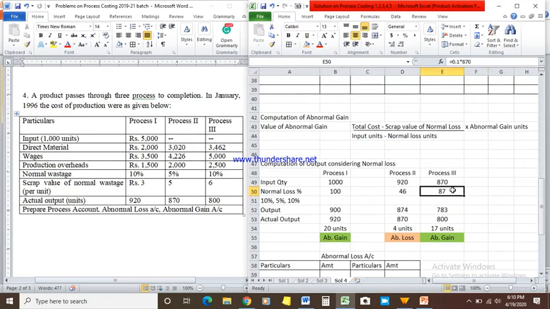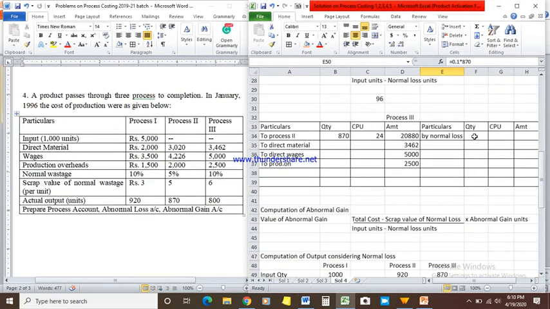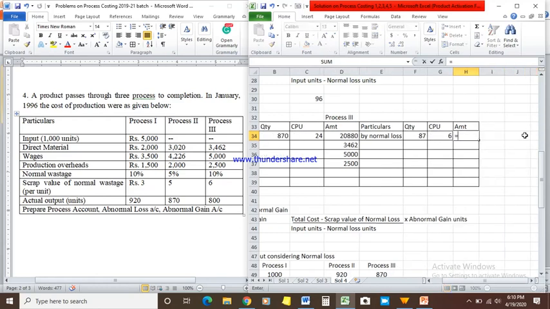We have 87 units in the normal loss and we are having an abnormal gain of 17 units. So 87 units in the normal loss, that is 10% of 870, it is 87. Cost per unit is 6 rupees.